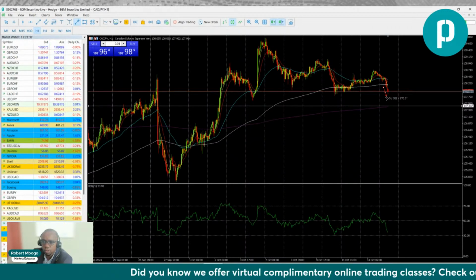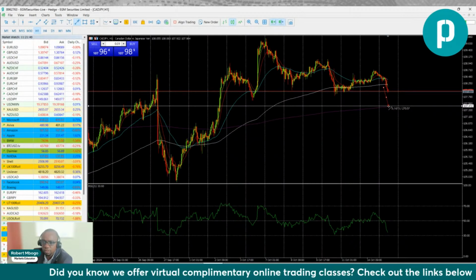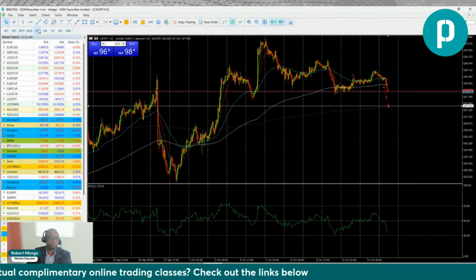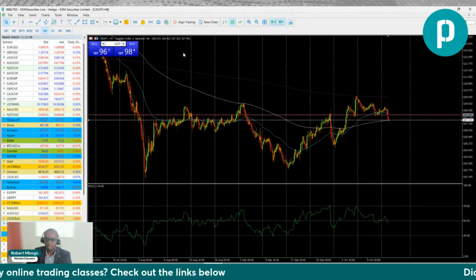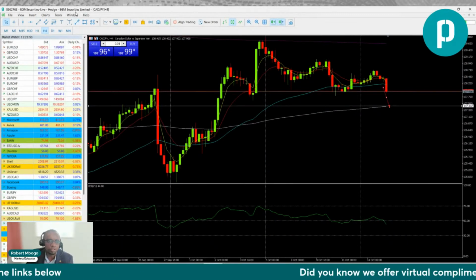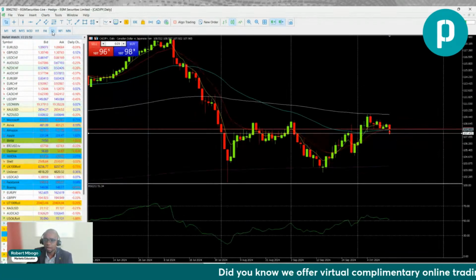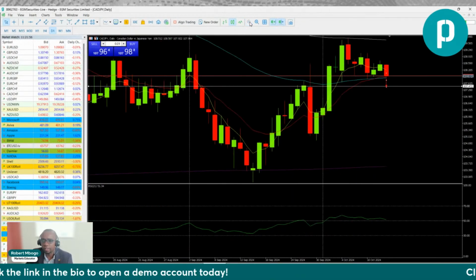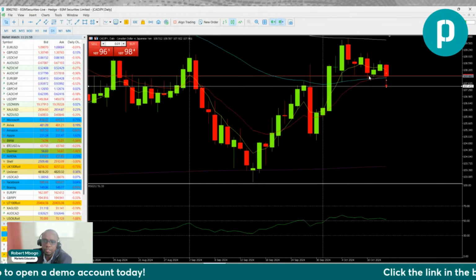So maybe during the news later in the afternoon, we could see CADJPY get to 107.47. That's an area that has some support. As you can see, a moving average over here. So far, there's a moving average on the daily. We have that 50 EMA that could be acting as an area of support.